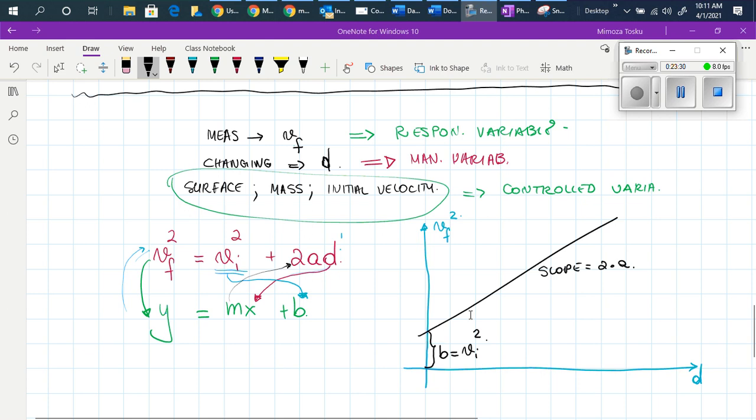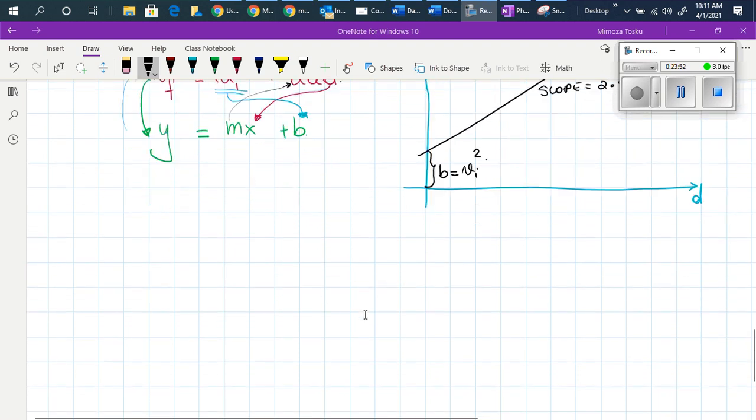If not, then how can you modify it so that it will look like a straight line? And in that case, what will the horizontal and vertical axes look like, and what is the slope and what is the y-intercept. So this probably will be something that you will benefit from.